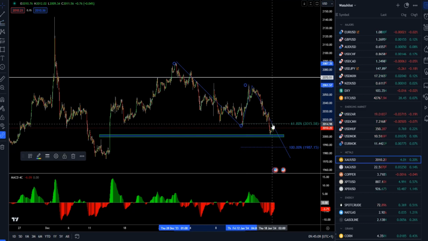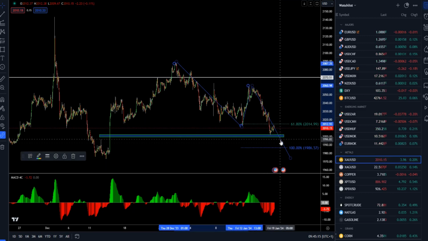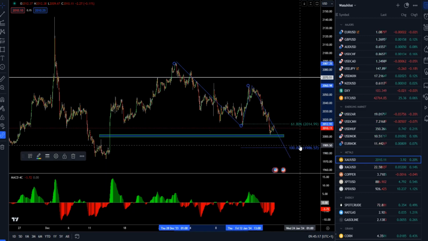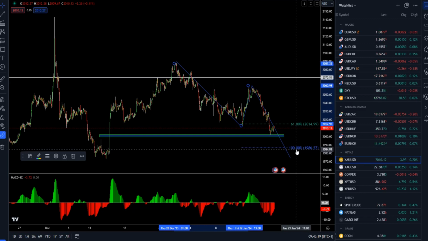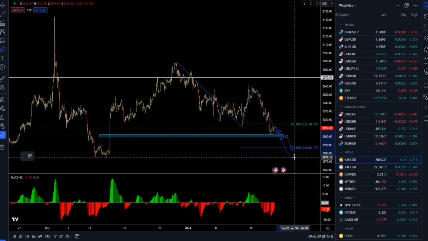we can see that we broke 61.8 Fibonacci expansion from this swing high, this swing low, and this swing high. And the next Fibonacci level is 100% at 1986. So there is a chance for further downside on the gold towards 1986, or even to fully retest the low area around 1975.